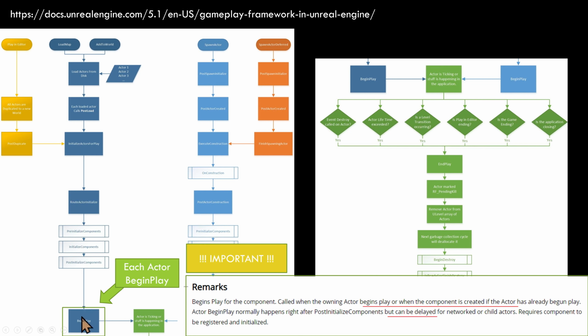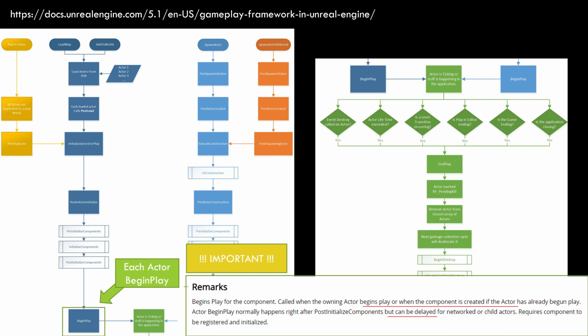And when you run through these and you get to the begin play, let's say I've got a house in a level. That house will come in via the load map, run through, and hit its begin play.